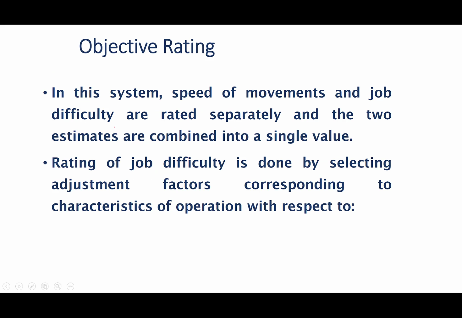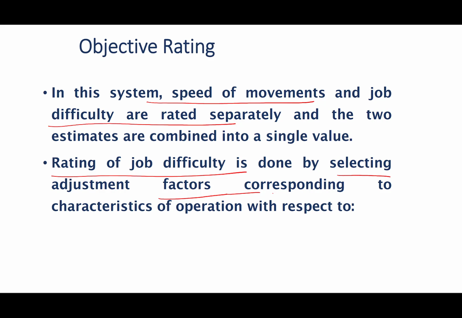Then objective rating, as I said, combines two aspects. One is the pace rating, or the speed rating, and the other is the degree of difficulty associated with the job, and these two are clubbed together. About the pace rating I have already talked. The rating of the job difficulty is done by selecting the adjustment factors that are needed with respect to the job performance.